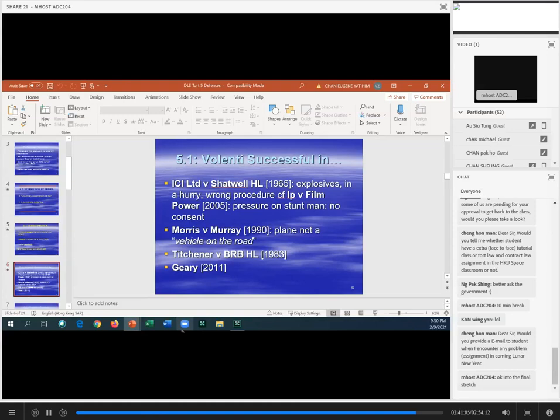Also other cases, which are not on the screen: Dann and Hamilton on page 122, a very drunk driver. Let's have a look at Dann and Hamilton. The defendant is not only required to prove that the plaintiff consented to the risk, but also that the plaintiff had full knowledge of the nature and extent of the risk involved.